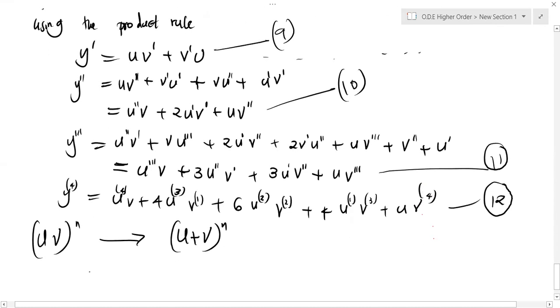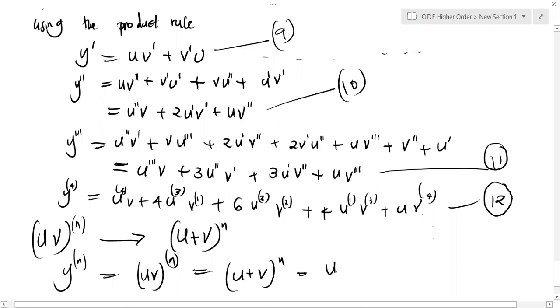Such that if we are to have the nth derivative of y, and I'm writing the derivatives in brackets so that it's not confused with the power, this is the nth derivative. This would give us uv raised to power n, which is the same as using the binomial theorem to expand u plus v raised to power n.